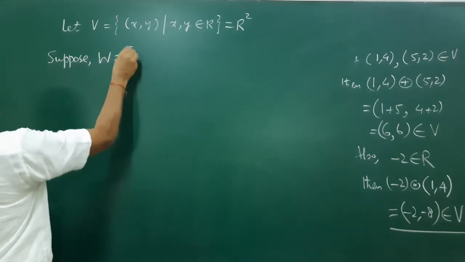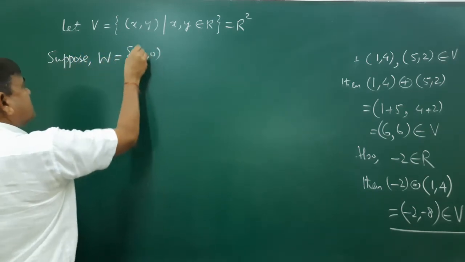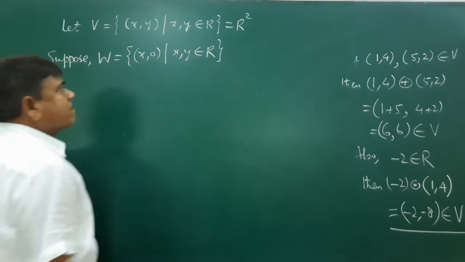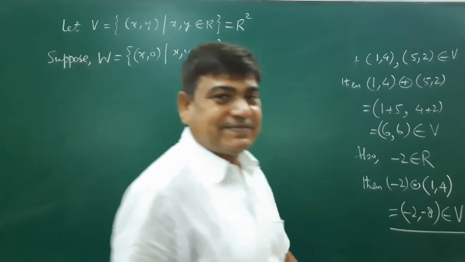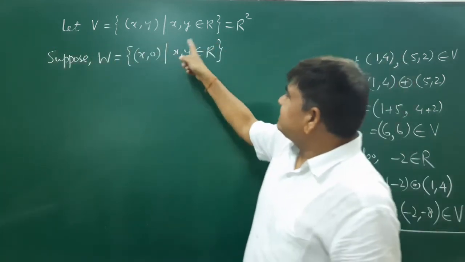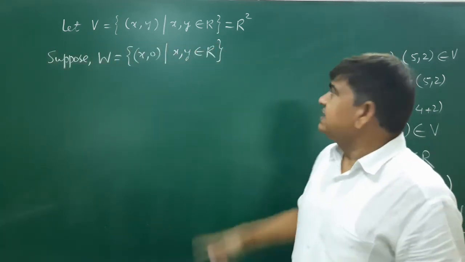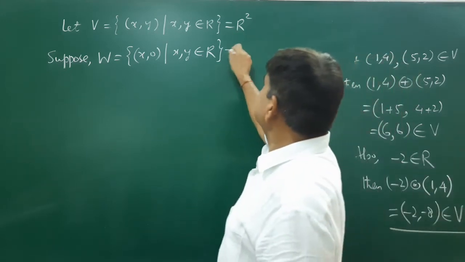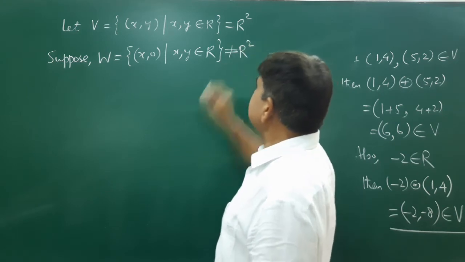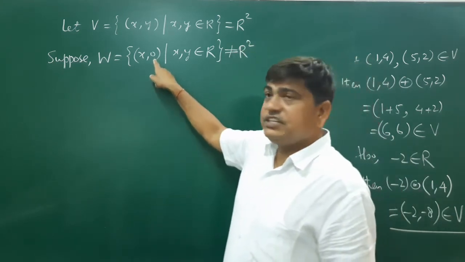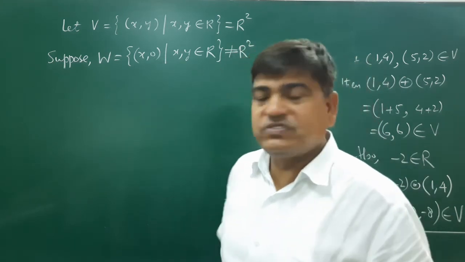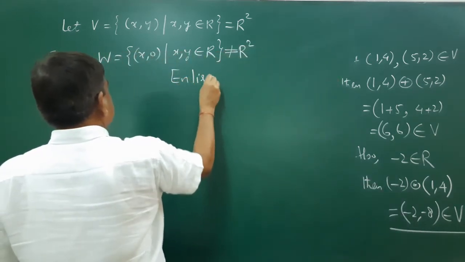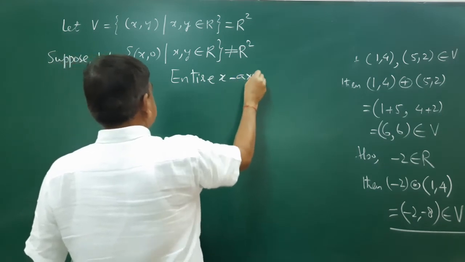Suppose W equals to... Look at this carefully. This is not equal to R square. Y coordinate is 0. X is variable, so it is the entire x-axis.